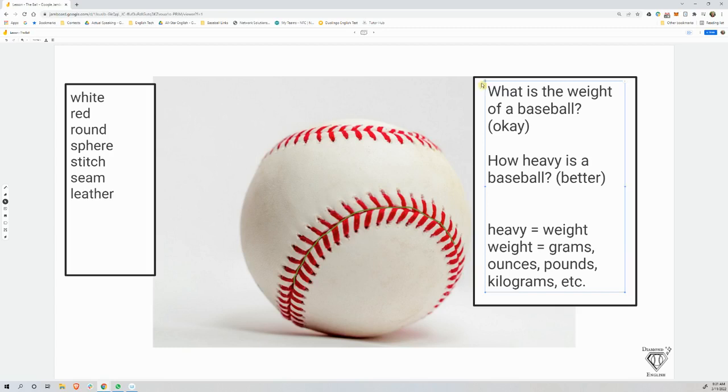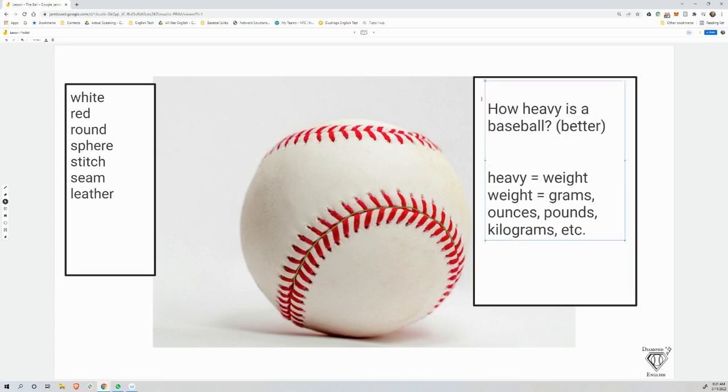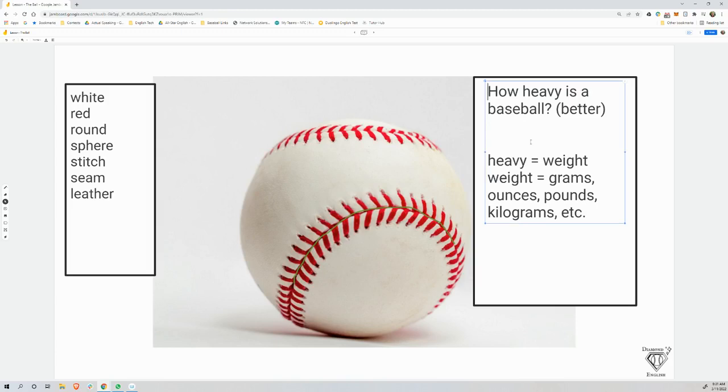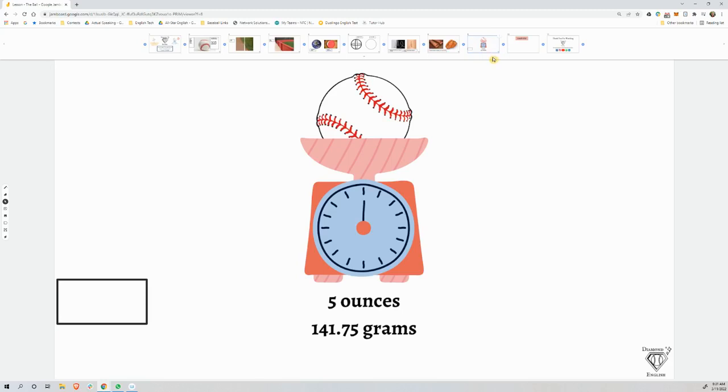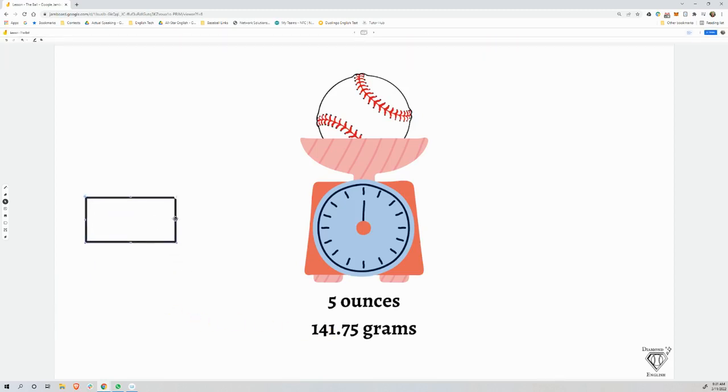So, how heavy is a baseball? Five ounces, or 141.75 grams. We say a baseball is 5 ounces.